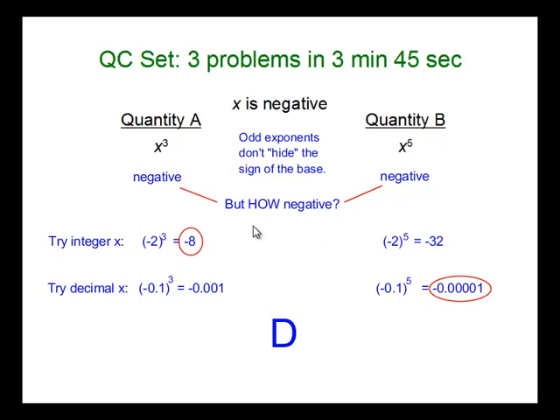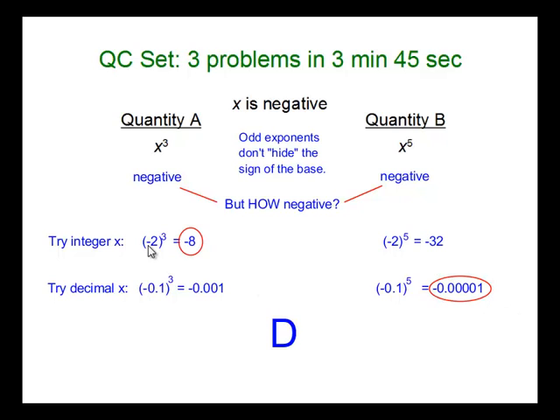With decimals, here's where it's good to remember that decimals or fractions, when you take them to higher powers, get smaller and smaller and smaller. So when you're dealing with negatives, it's getting less and less negative, closer and closer to 0 the higher your power goes. So higher powers of a negative decimal are bigger.